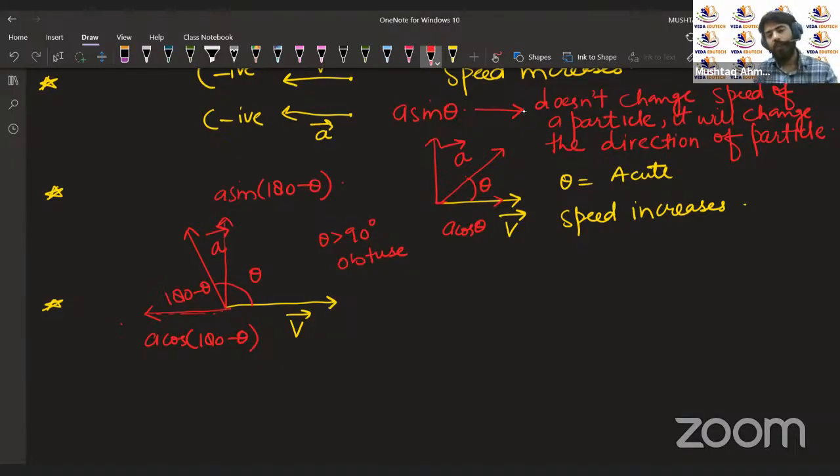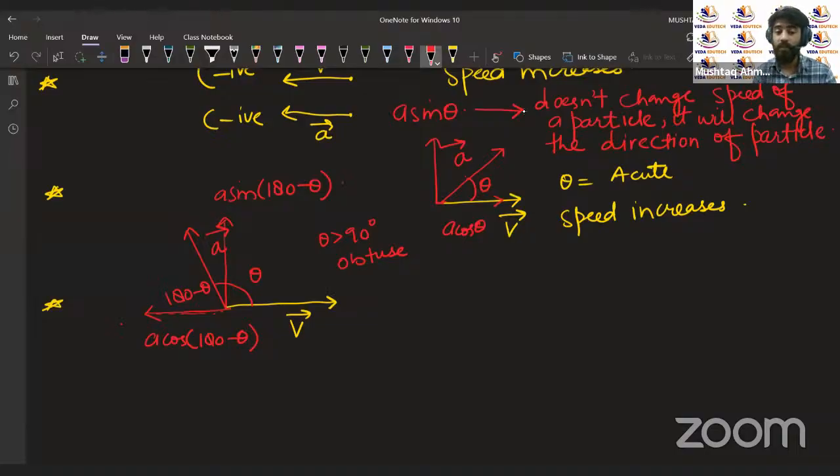So the component which is perpendicular to this velocity vector is not going to change the magnitude of the velocity. Or we can say that the component perpendicular to the velocity vector will not change the speed of this particle, but it will only change the direction, right? But the component which is anti-parallel to the velocity vector is going to change the speed of this particle.